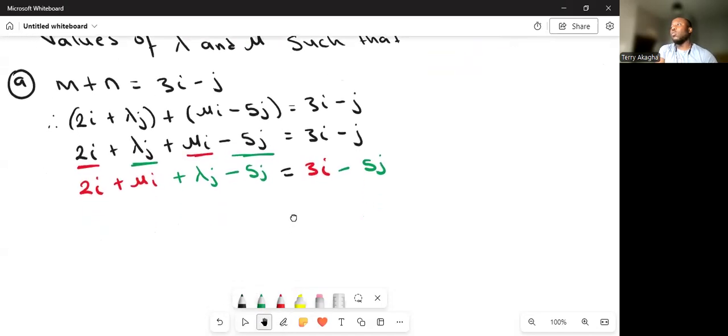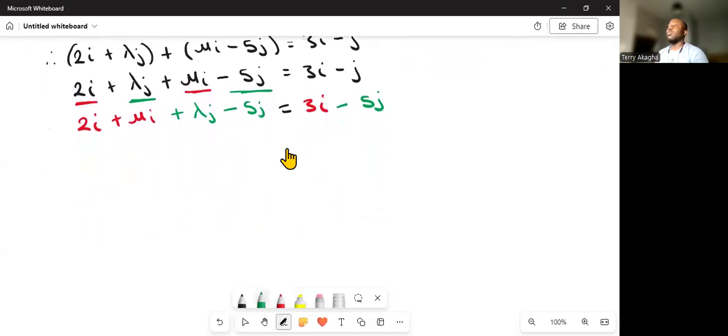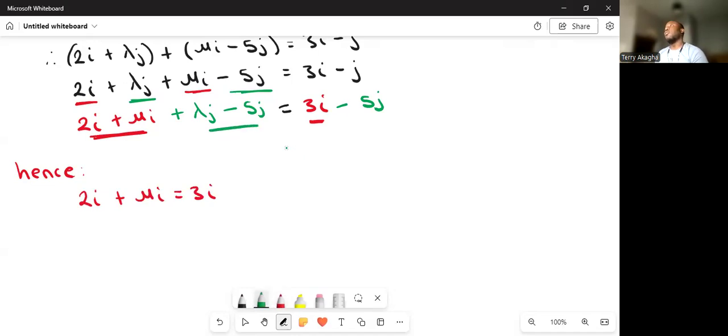Okay, now we are at this point here. So for these two to be equal, it means that 2i plus mu i must be equal to 3i, okay? So hence, we can now say, for this to be equal, all the i's on the left-hand side must be equal to all the i's on the right-hand side, right? So that means we can now say 2i plus mu i is equal to 3i. And therefore, all the j's on the left-hand side must be equal to all the j's on the right-hand side, all right?